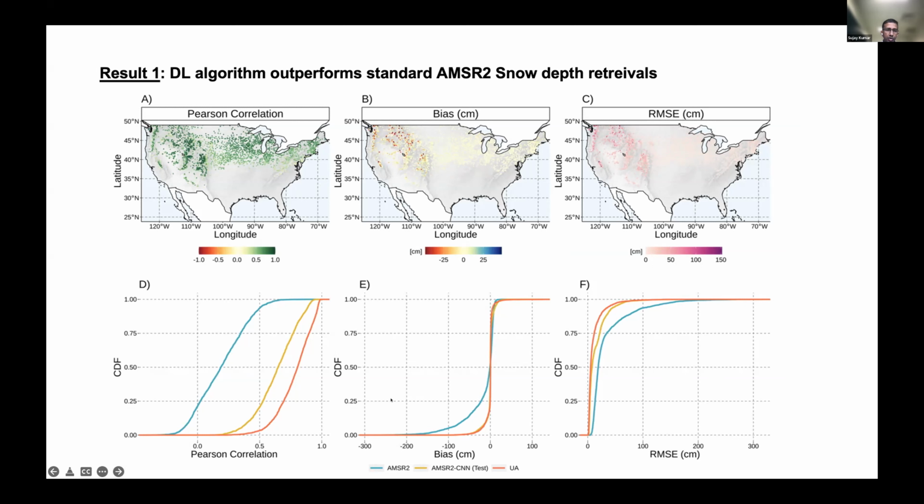If you look at the bottom row, which shows the CDF of these measures, correlation, bias, and RMSE, the light blue shows the standard retrieval, and we also used another product from University of Arizona, which is a gridded product developed through a temperature index model using in situ measurements. Assuming UA is a fairly good product, we see that the machine learning approach, at least in the PDFs, is fairly close to the UA product and much better than the standard retrievals.